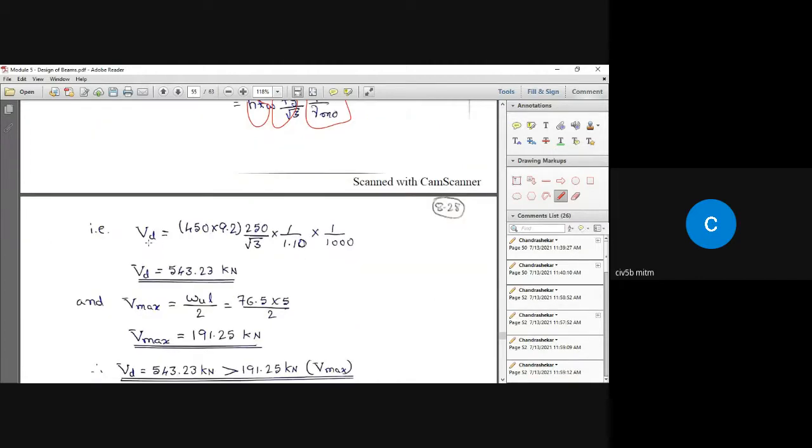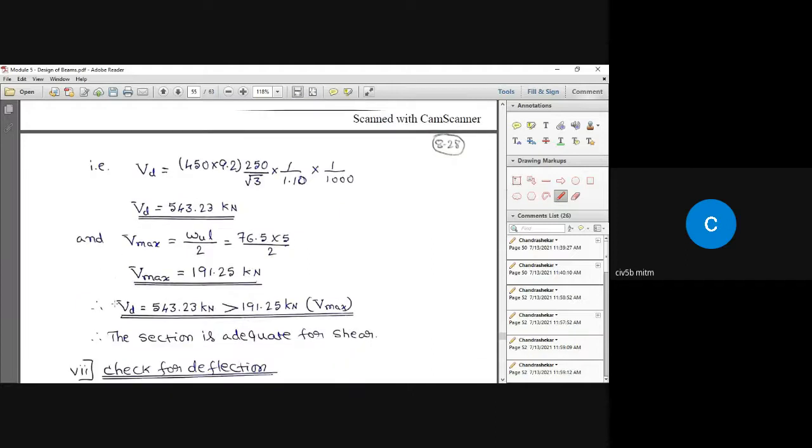This is the VD value, that is the capacity of this section. So what is the Vmax value? That is the maximum design shear force developed due to the design load coming on the beam.